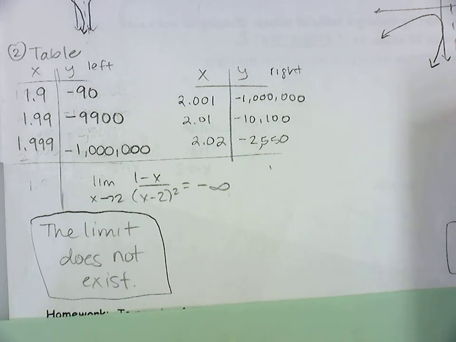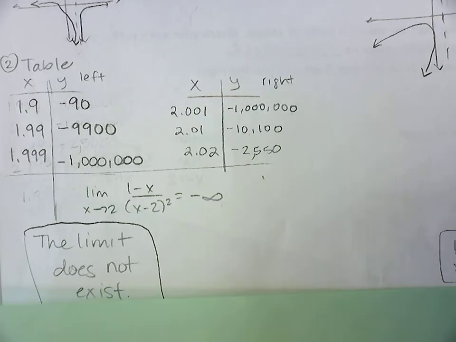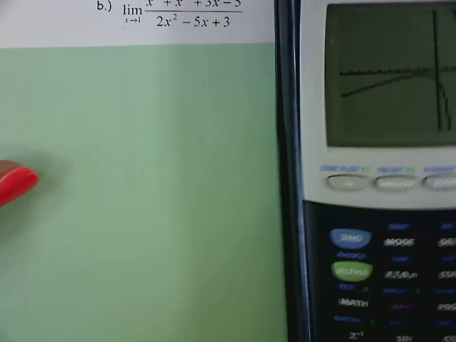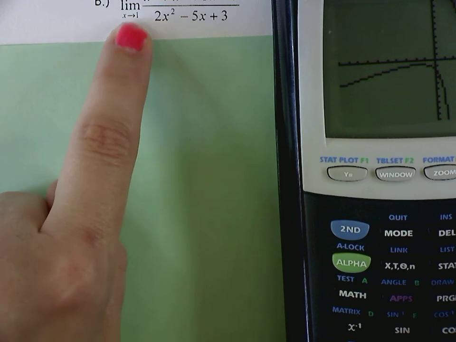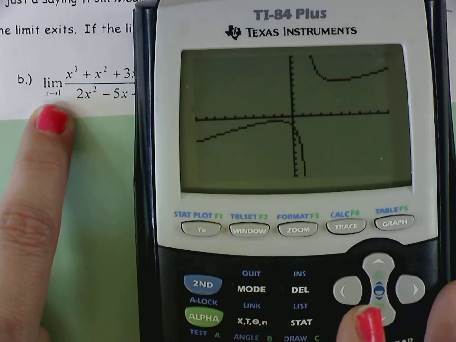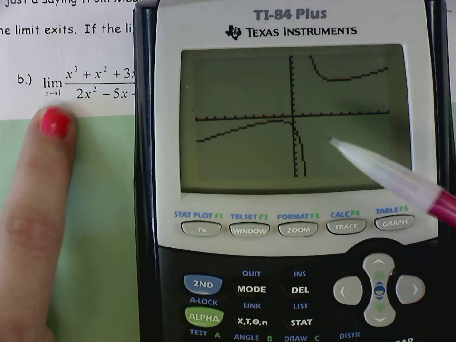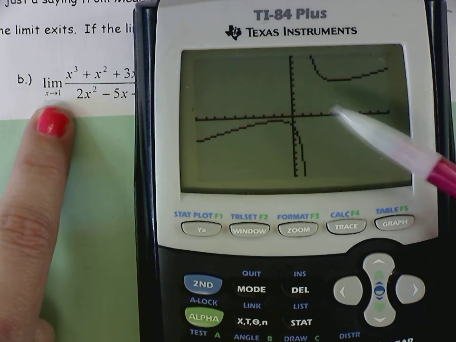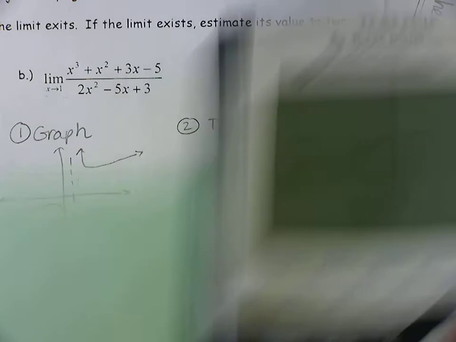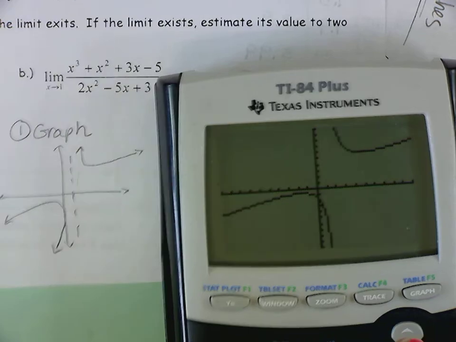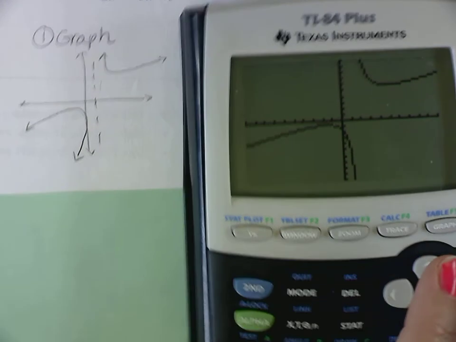So for B, the limit is going to be as x is approaching what value? For part B. Yeah, it'll be 1, so it'll always be right there. Yep, so x is approaching 1, and then let's look at our graph. I just drew a rough sketch of what that would look like.